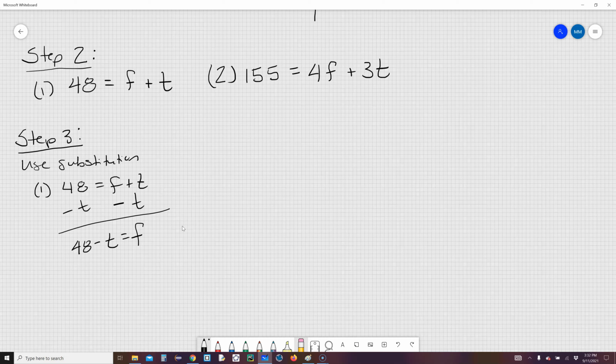Next step in our substitution algorithm says put this in the other equation. So equation 2. Okay, what is F? F is 48 minus T.